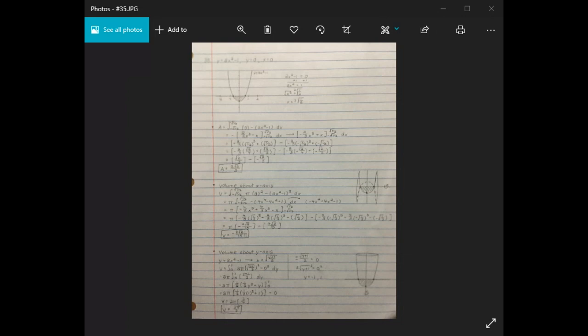Okay, so this is question 21, and we're trying to find the volume around the x-axis and the volume around the y-axis. We have y equals 2x squared minus 1, and I graphed it right here.